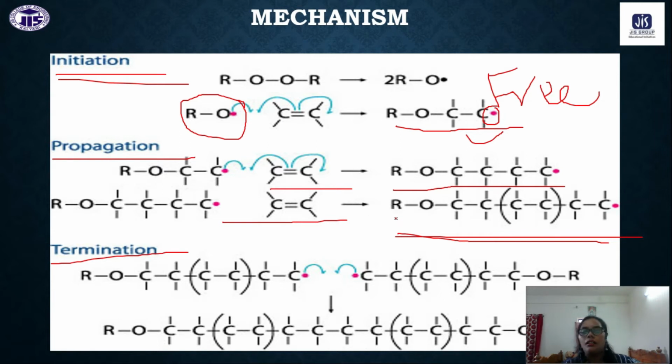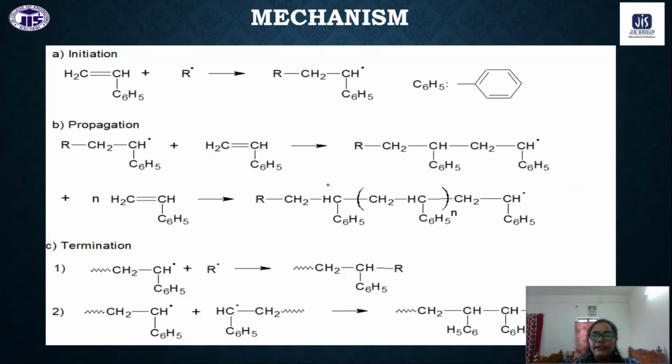This is the reaction mechanism, the synthetic pathway by which we get addition polymers like polyethylene, polypropylene, polyvinyl chloride. Again, I have shown you the reaction mechanism.